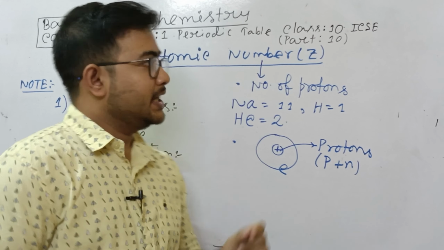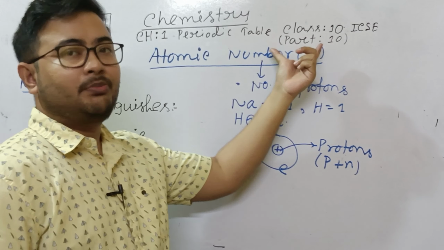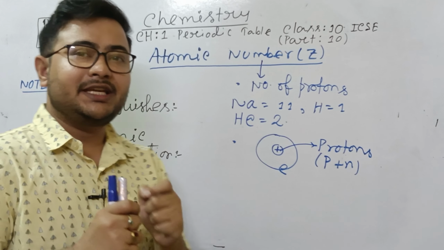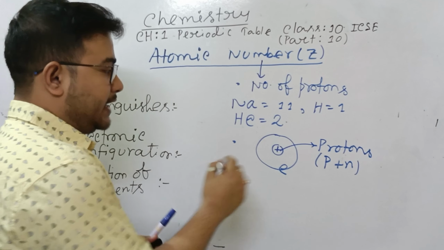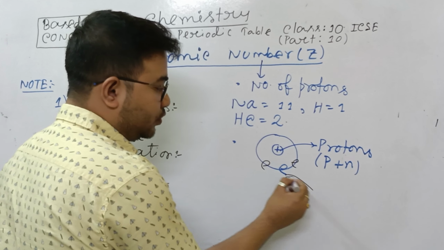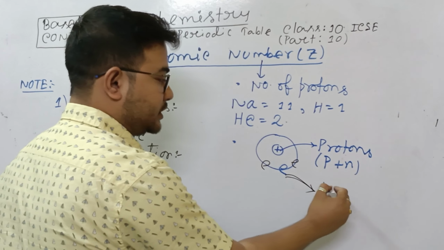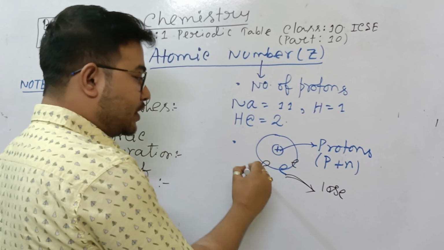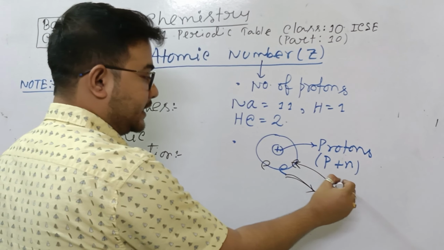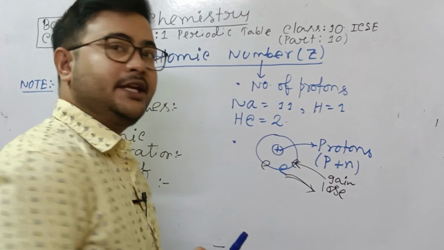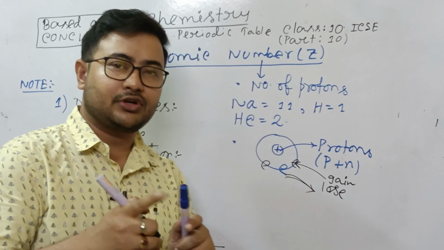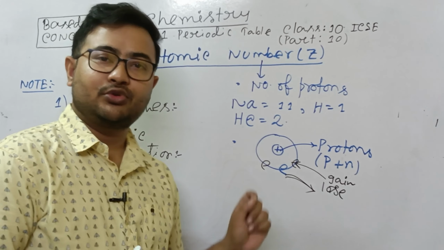During the chemical reaction, if you complete the previous all parts, then you can definitely give the answer of that question. Tell me, during the chemical reaction, all of you know, this atom loses electrons from this shell, and also gains electrons in this outermost shell. So during the chemical reaction, atom loses and gains the electrons where? In the outermost shell.